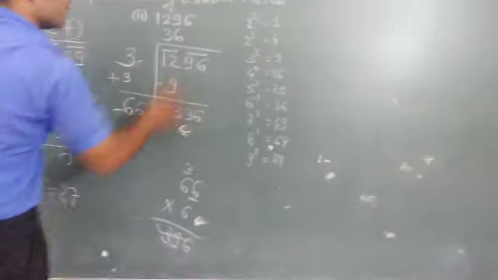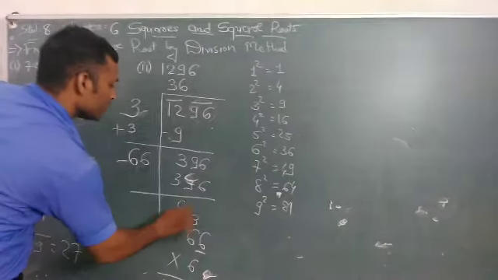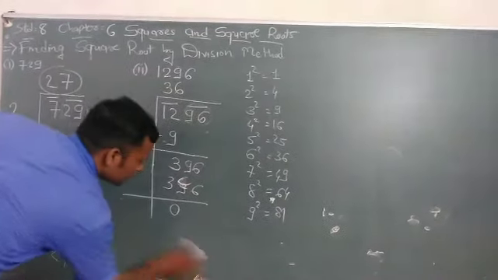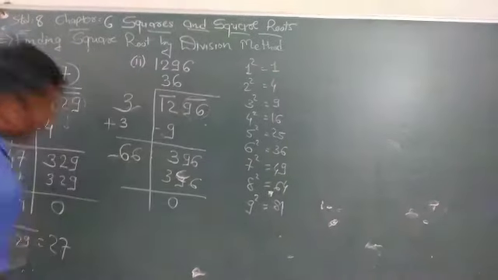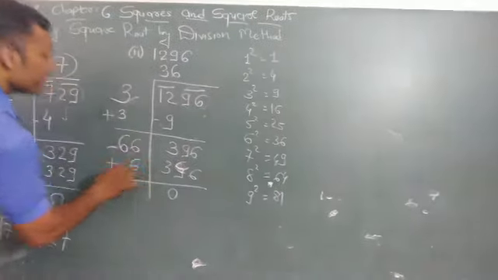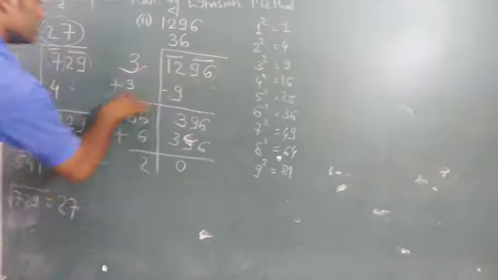6 66s are 396 and you got 0. Okay. Now for checking, we add 6 and get 12.